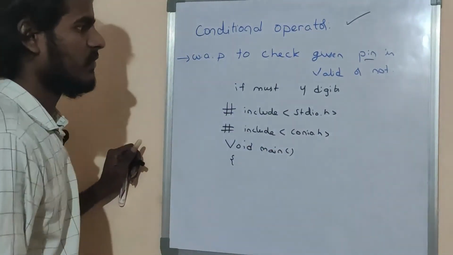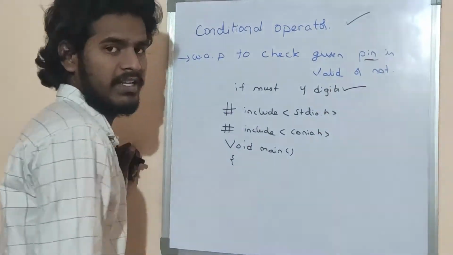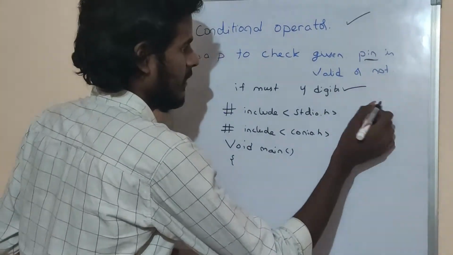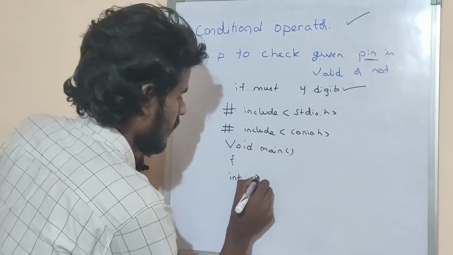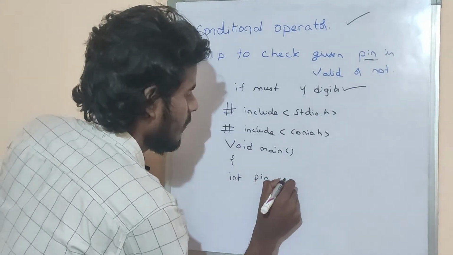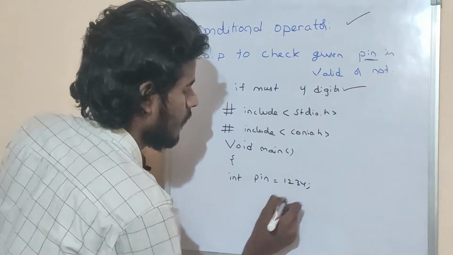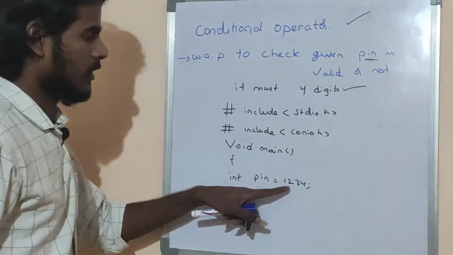The pin format must contain 4 digits. That means here we take one variable named pin, 1 2 3 4.